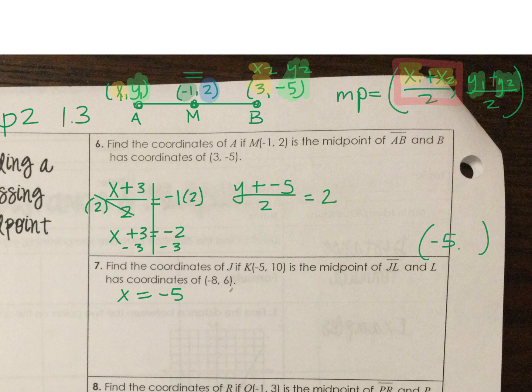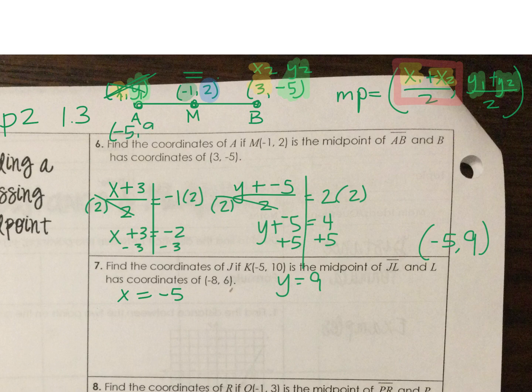I know that the x is -5. Okay, again, let's multiply 2. y plus -5 equals 4. I gotta add 5. Y equals 9. So we figured out that this end piece would actually be -5 and 9.